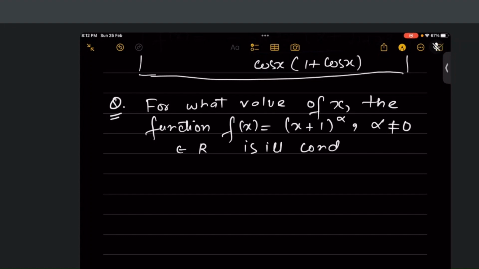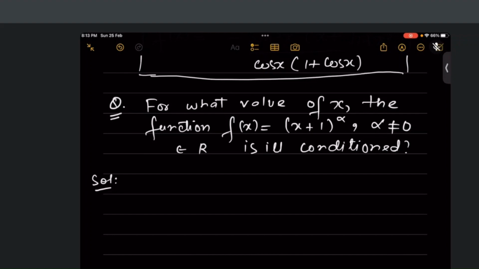In the previous question you had to find when it is going to be well conditioned. In this question you have to find when this function is going to be ill conditioned. So quickly find the condition number, then only you can comment on what the value of x should be.